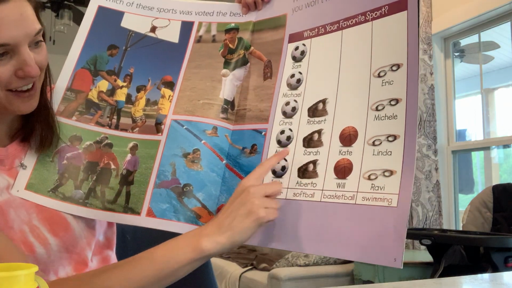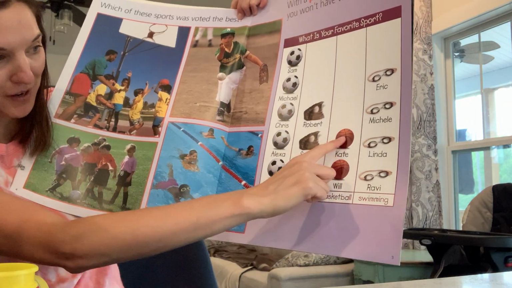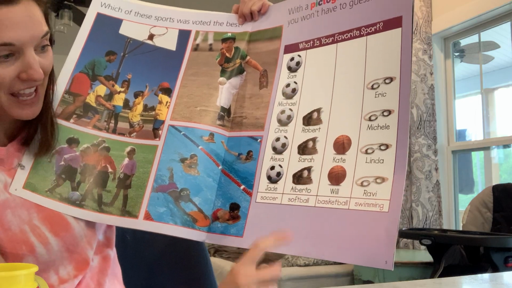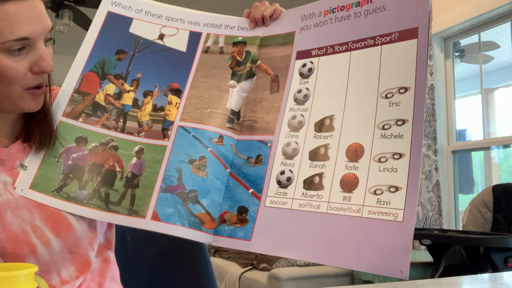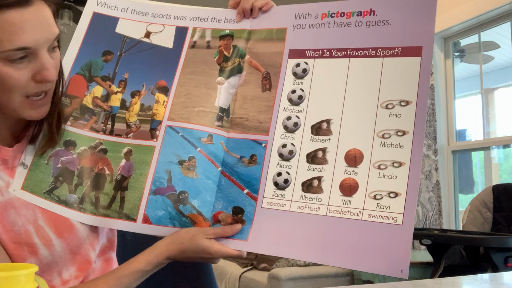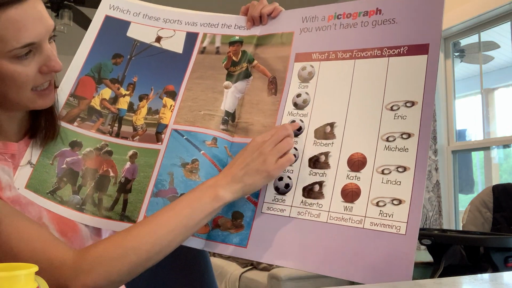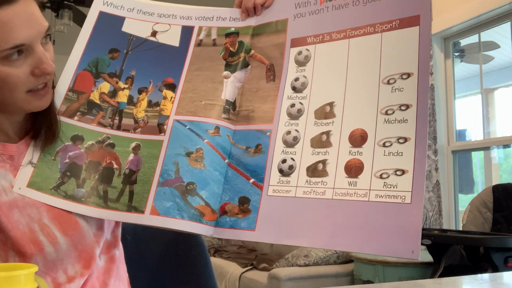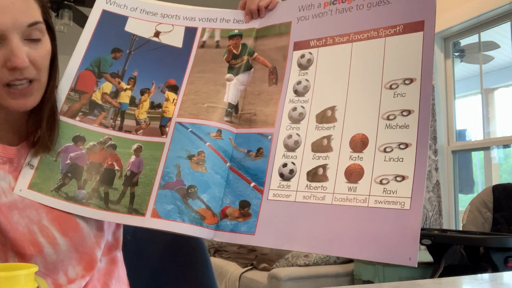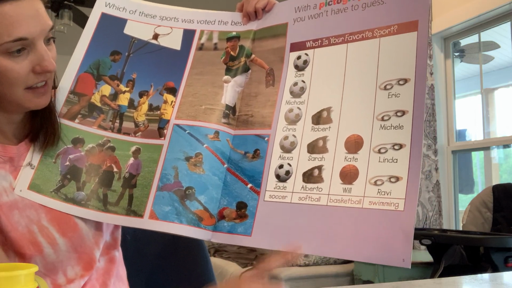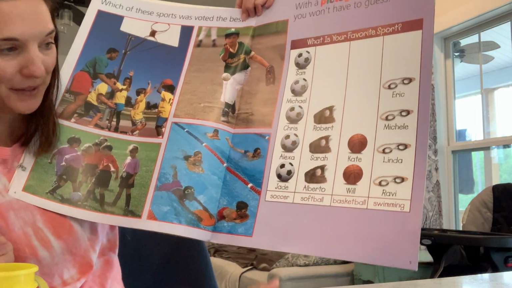Soccer ball. That's a soccer ball. These people voted for the basketball, and these people like swimming the most. What sport do people like the most? That's right, soccer. And what sport do people like the least? That's right, basketball.